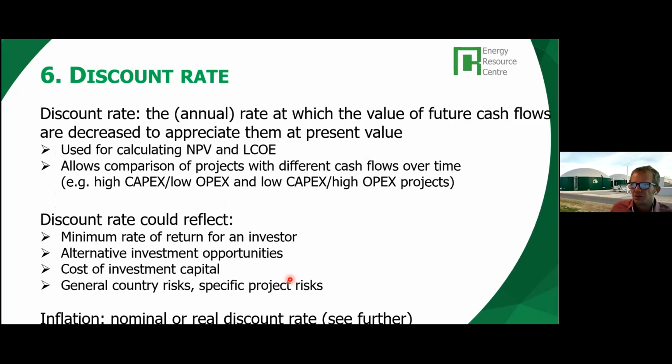All right. Well, then we have a look at the discount rate, which is of course an important parameter when we look at the calculation of the net present value and the levelized cost of energy.